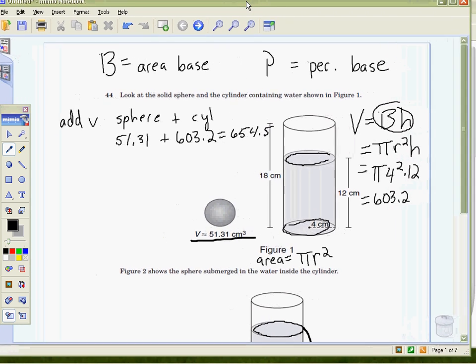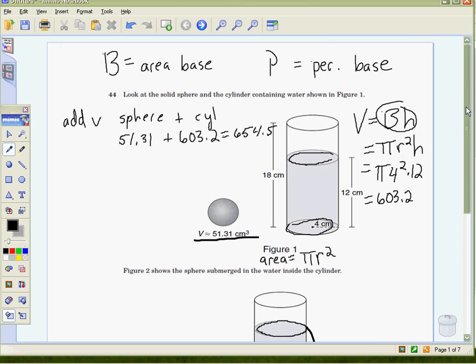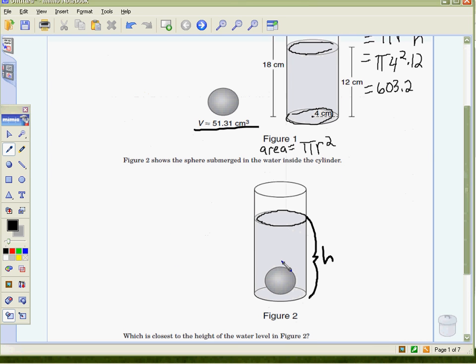So I want to take that information, and so what I know now is that this volume is equal to 654.5. So I'm looking for h. So I'll go back to my volume formula. Volume is equal to area of the base times the height.